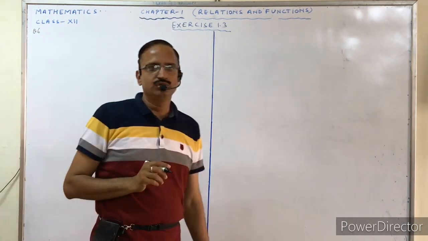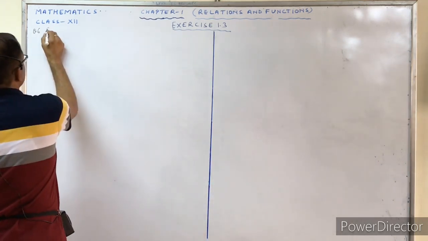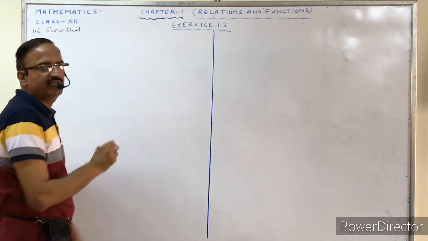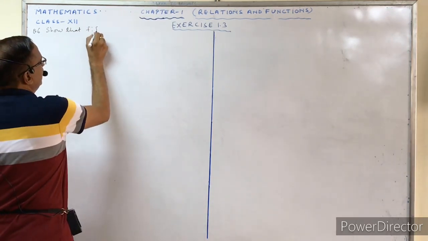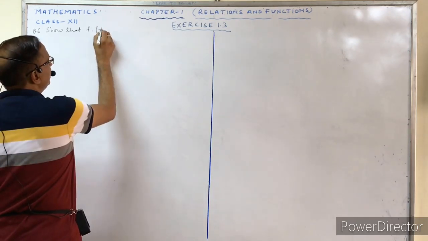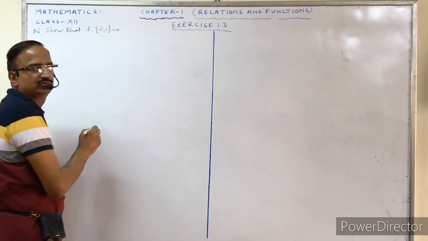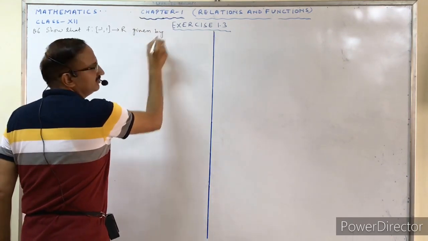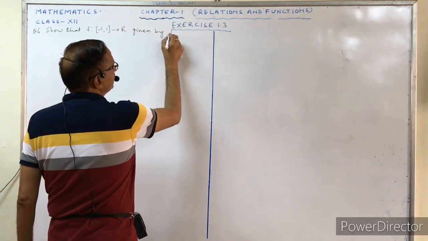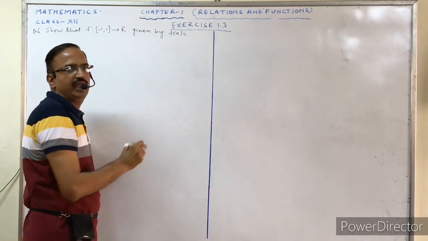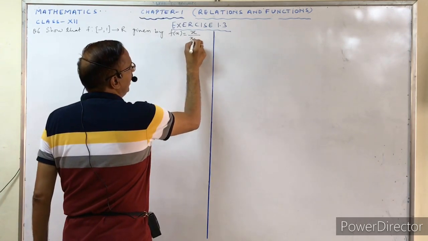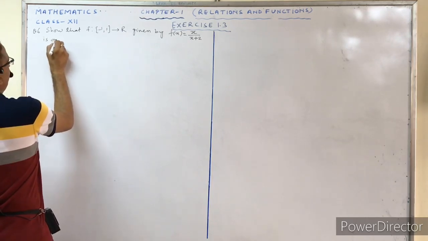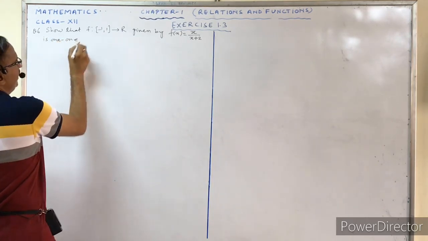The question is, show that the function f defined from [-1, 1] to R given by f(x) = x/(x+2) is one-one.